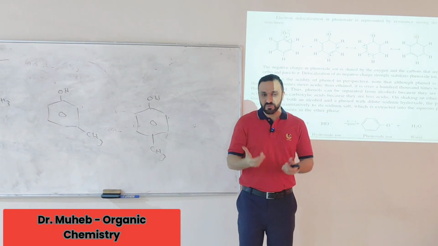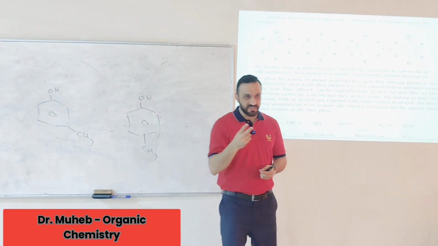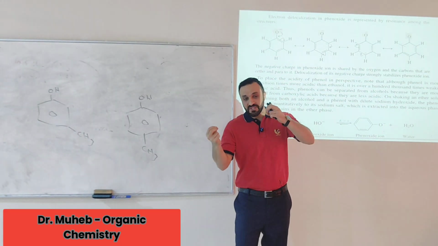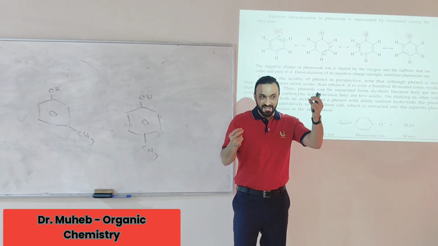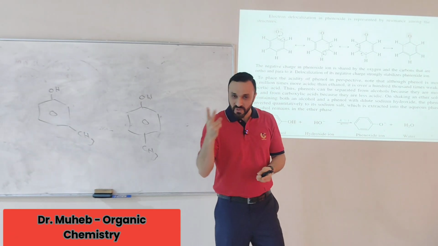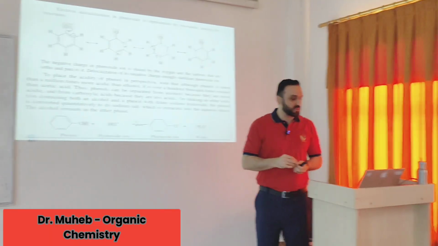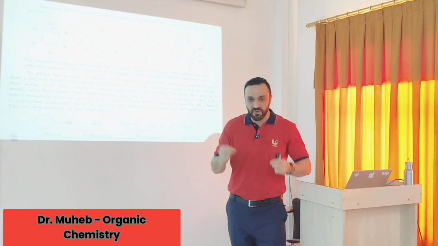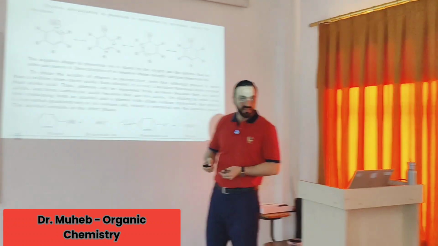Conjugate base. What do we have in the conjugate base of the carboxylic acid? We have 2 resonance structures. Okay, the negative charge on the oxygen, the negative charge on the 2 oxygens. Which is more stable: negative charge on the 2 oxygen atoms, or negative charge on the oxygen and carbon?